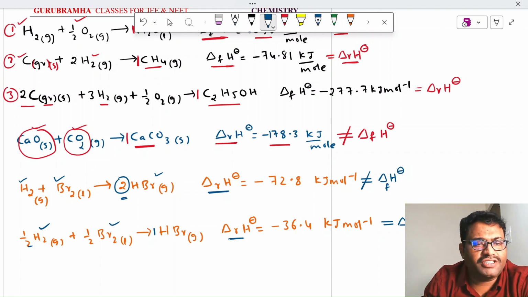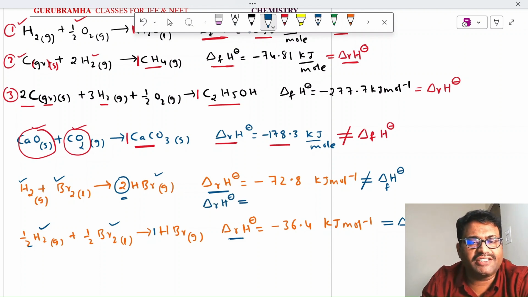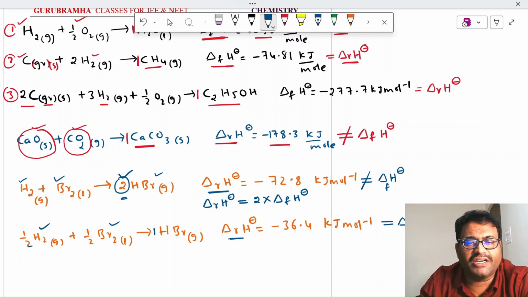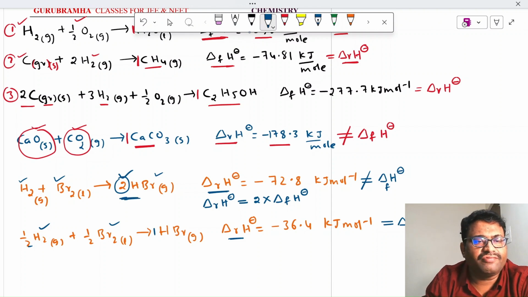Now, from the above equation, I can say the enthalpy of reaction is equal to 2 into the standard enthalpy of formation, because 2 moles are formed. So the standard enthalpy of formation will be equal to half of the standard enthalpy of reaction for this reaction. Which reaction?